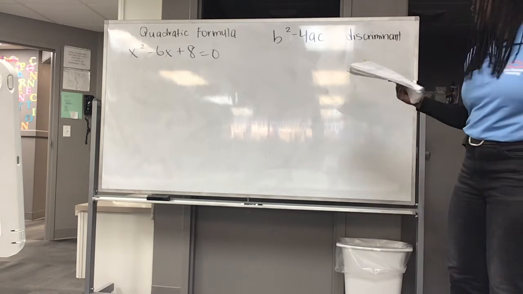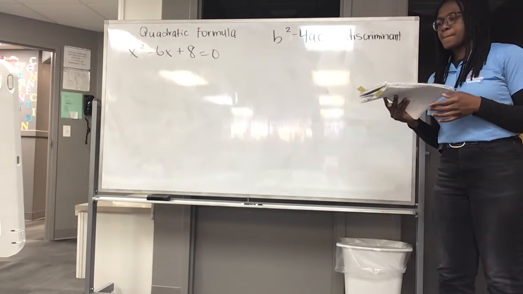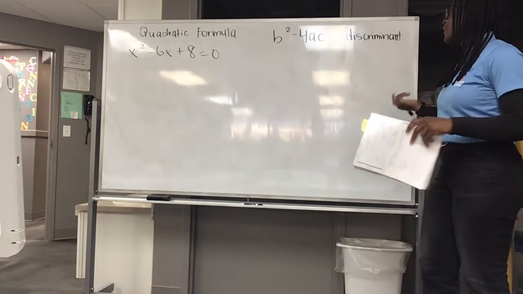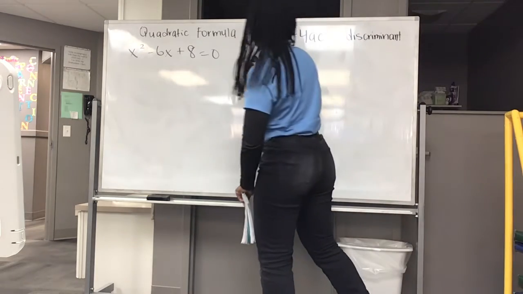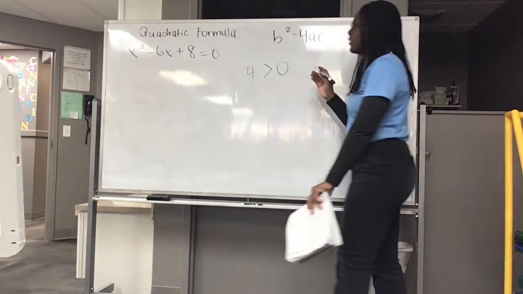Okay, so what does my discriminant tell me about the type of solutions? There's 2 real. Yeah, because my discriminant turns out to be 4, which is greater than 0, so that means I have 2 real roots.